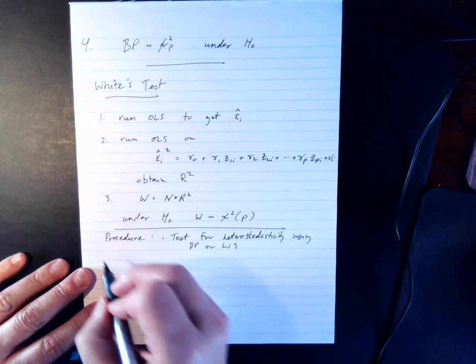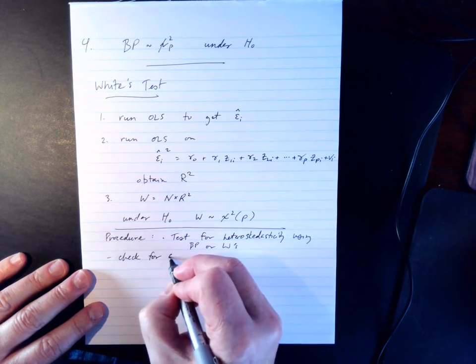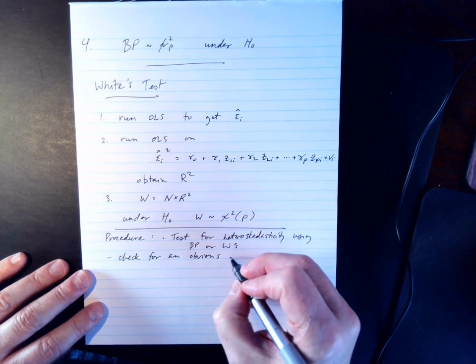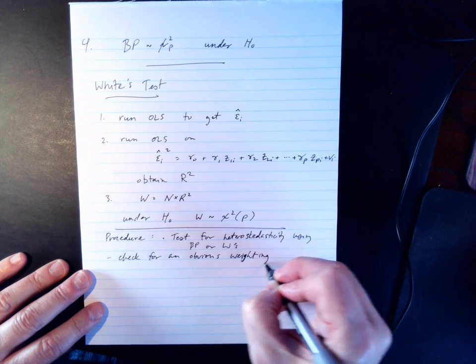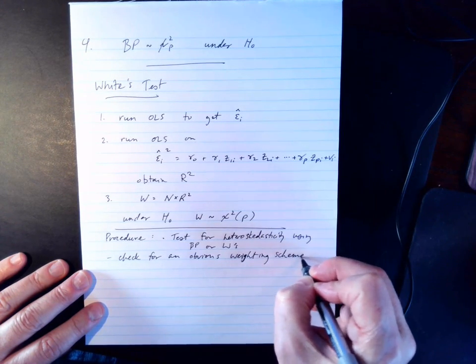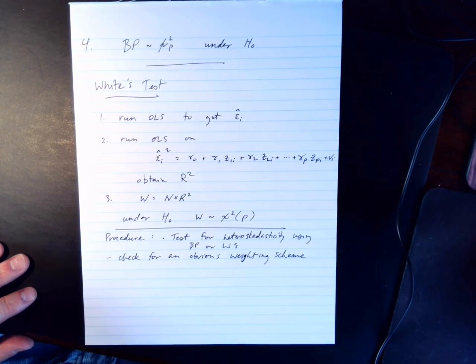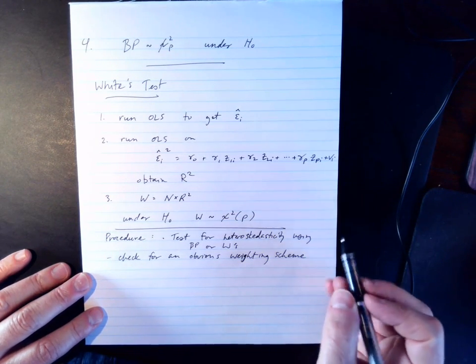So you test for heteroskedasticity, check for an obvious weighting scheme. Turn it into per capita, per dollar of GDP, whatever, if you can.